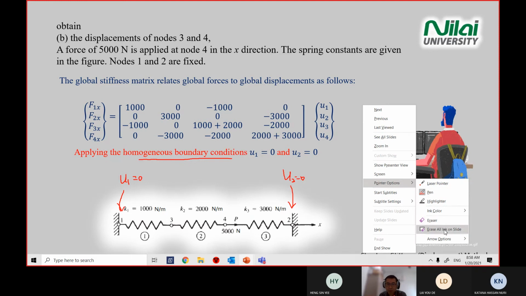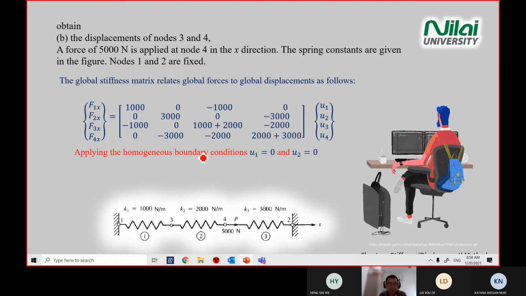One or 2 more slides, then we go for a short break. When we apply the boundary condition inside the equation, we focus on 3 and 4, because the question also asks us to focus on 3 and 4. I already highlighted something on the screen with a dashed line.